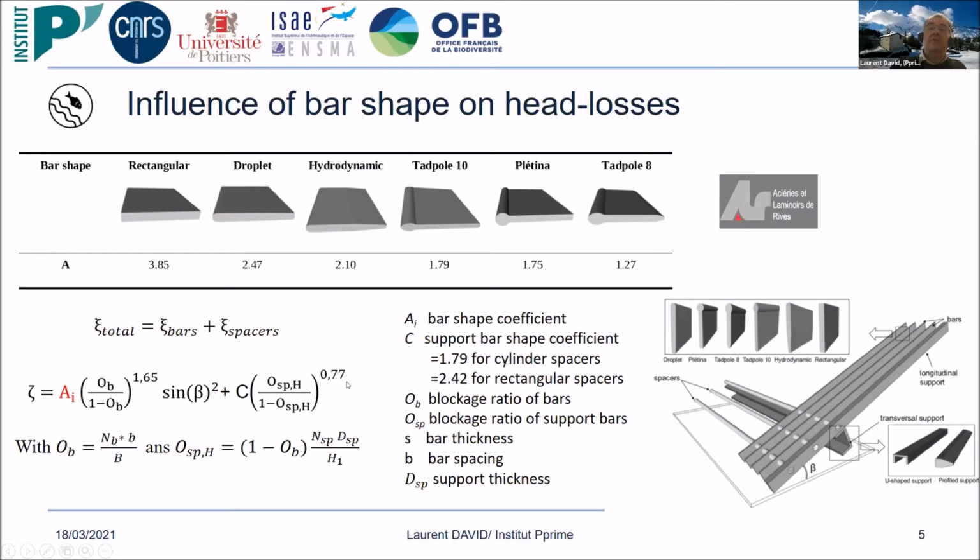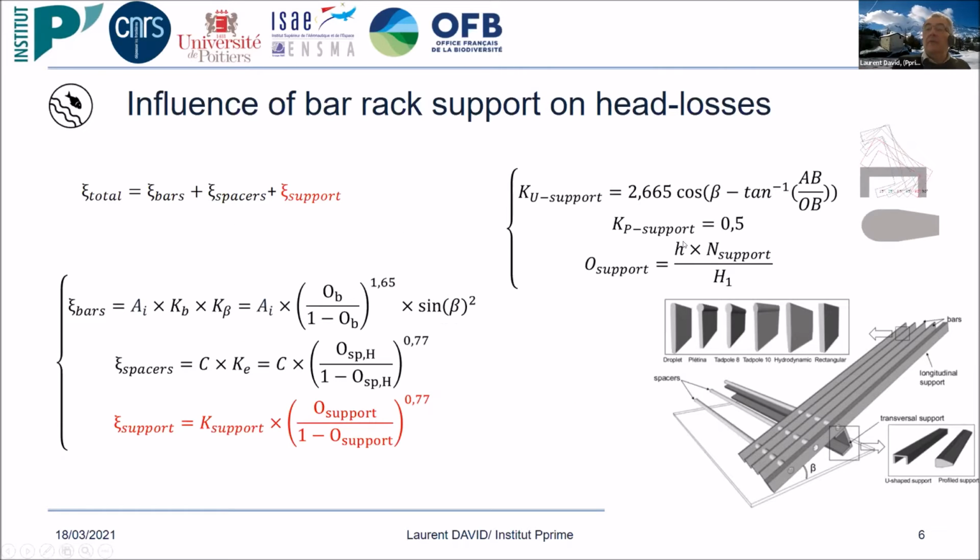Another aspect that we studied during this project is the influence of the support. Sorry, I try to move my picture here. We tried to evaluate the influence of different supports that we can put downstream of the bar rack to maintain the system, and we chose two different shapes.